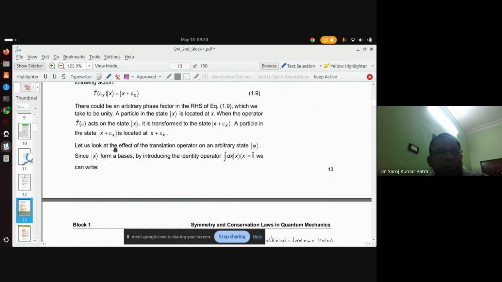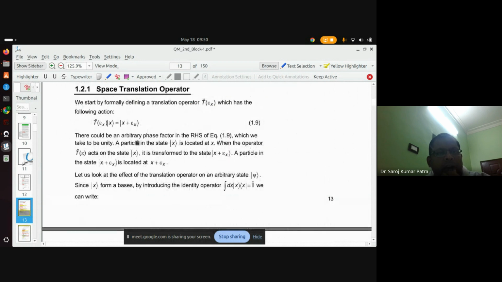Now there could be an arbitrary phase factor which we take to be unity. We'll come to that part later on, when the e to the power factor will come. A particle in the state |x> is located at x. When the operator T acts on the state |x>, it is transformed to the |x + epsilon x> state.